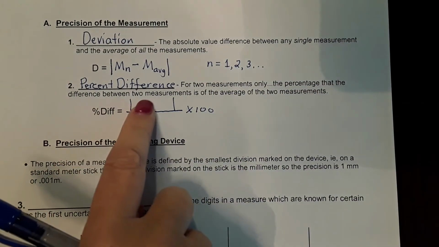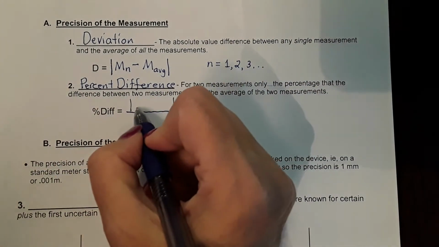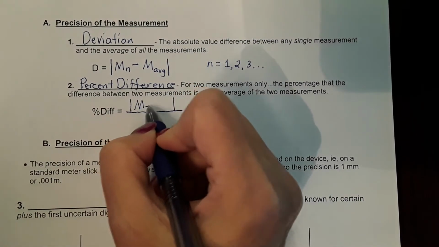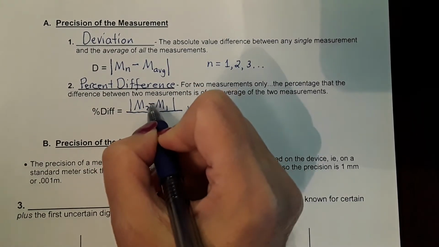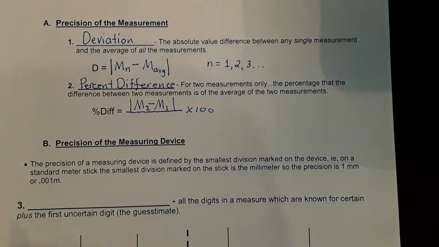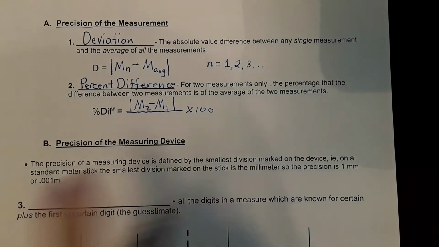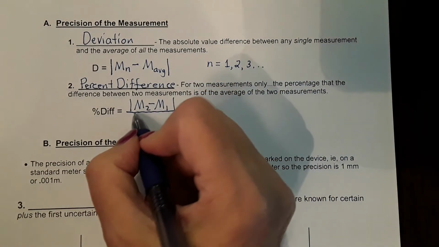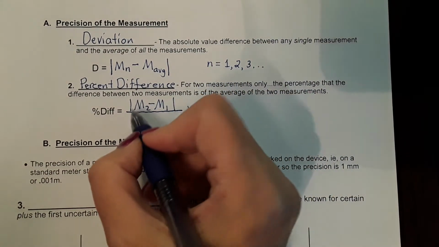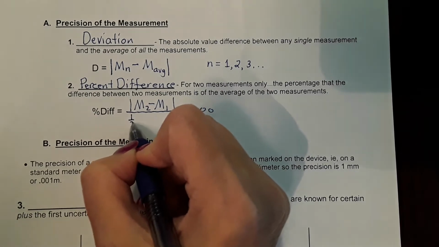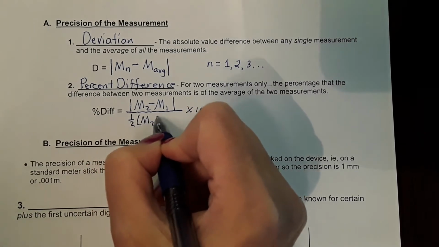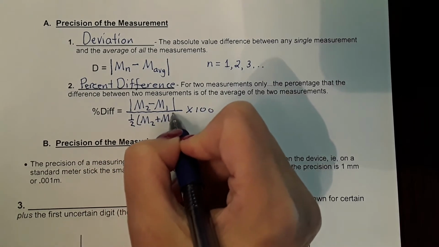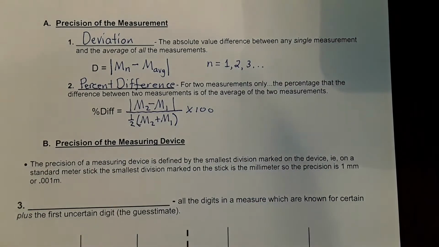That the difference between the two measures. So you've got measurement 2 minus measurement 1. It's a difference between the two measures that you're looking at. And then you're going to divide by the average of the two measures. In other words, the midpoint of the two measures. So that would be 1/2 their sum. That would average them, wouldn't it?